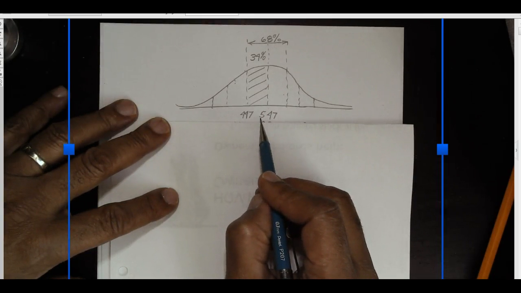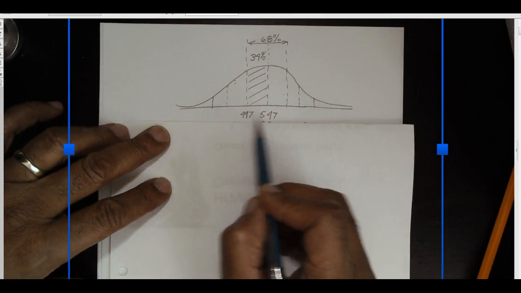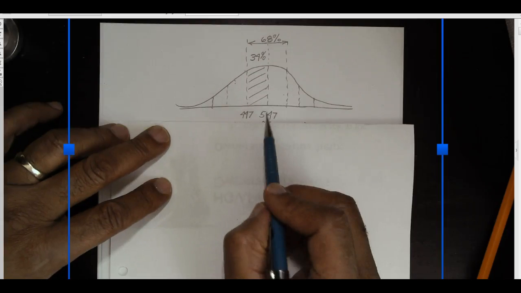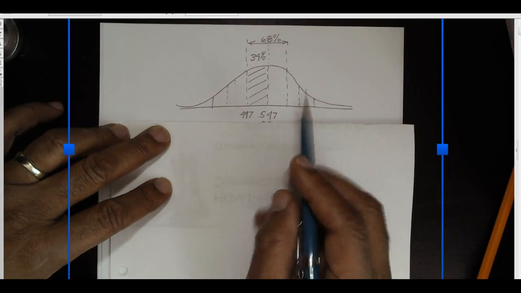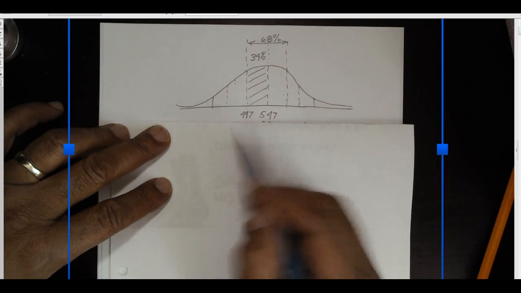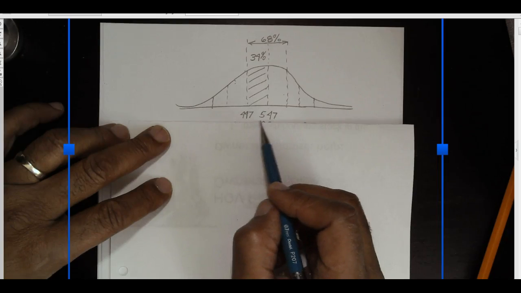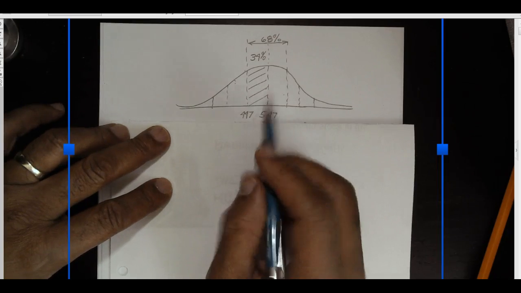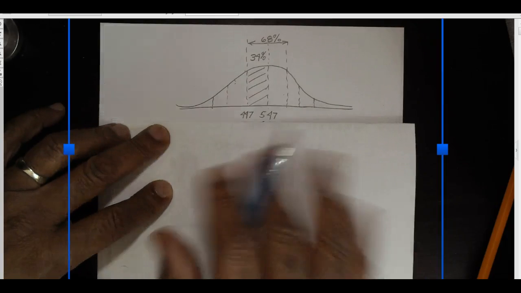For the first problem, they ask us what percentage of the scores should fall between 447 and 547. Obviously, that's one standard deviation away from the mean. If we were to take 447 minus 547, we'd get a negative 100 divided by 100, which is the standard deviation. We'd get a z-score of -1.